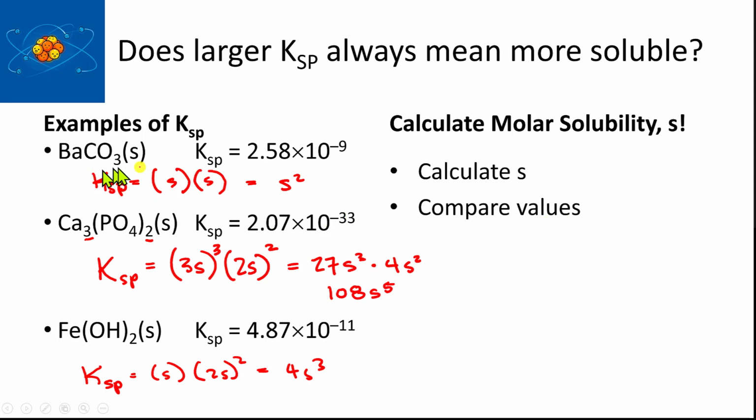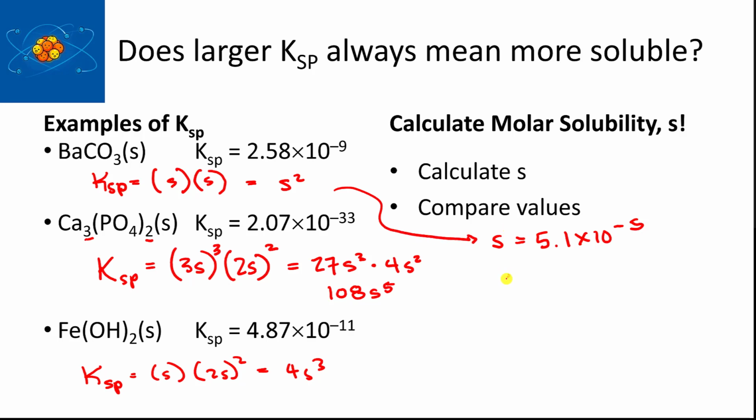And so when I do the solution for S for barium carbonate, what I end up with is 5.1. Sorry, I had my math wrong and I stopped and changed it. So it ends up being 5.1 times 10 to the minus 5th. This is for the solution of barium carbonate.